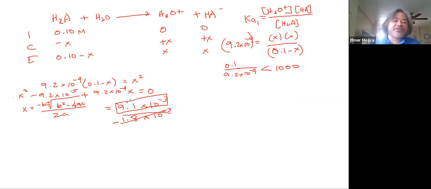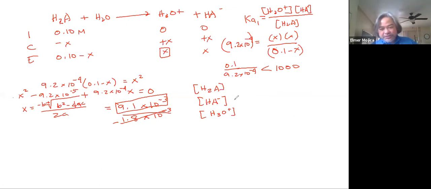You're not done yet. You only solved for X here, which is the concentration of your H3O plus and HA minus. Next, you use that X value to get the concentrations of H2A, HA minus, and H3O plus.